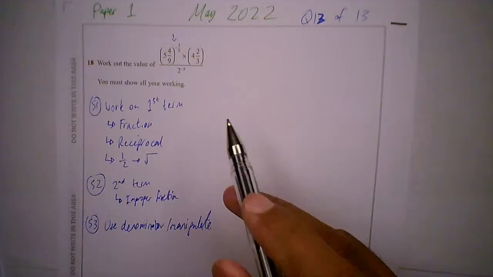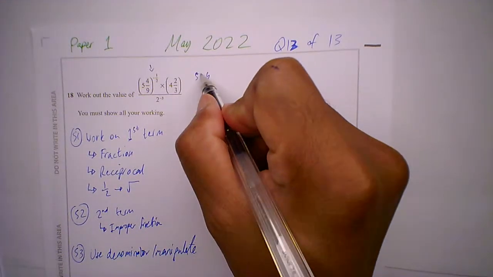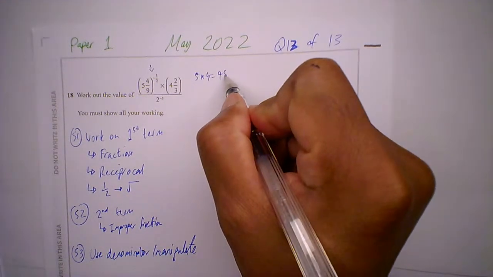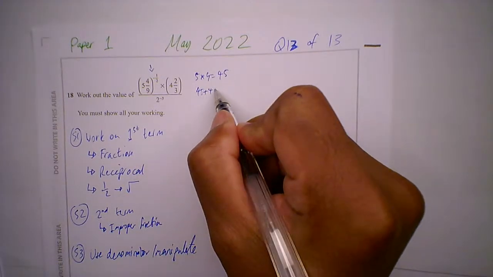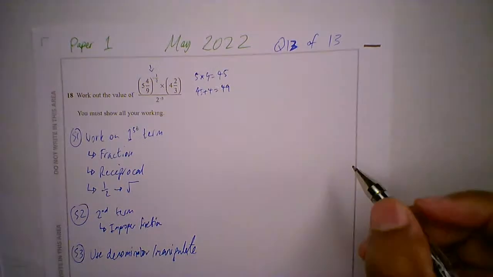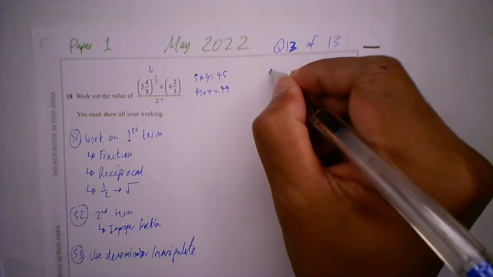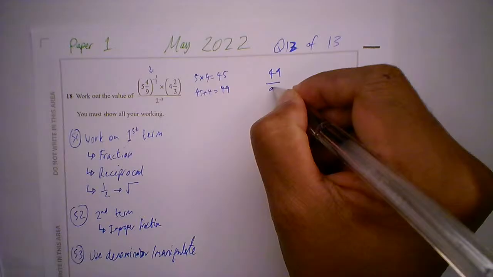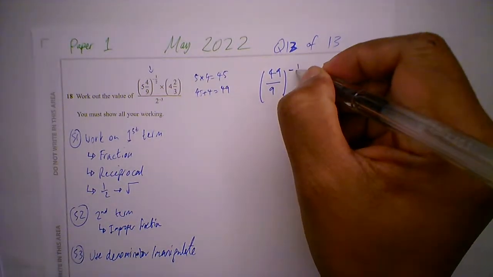Okay, so let's look at this. So I've got 5 times 9 equals 45. At the numerator, 45 plus 4 gives me 49. So I've got 49 over 9 to the power minus a half.